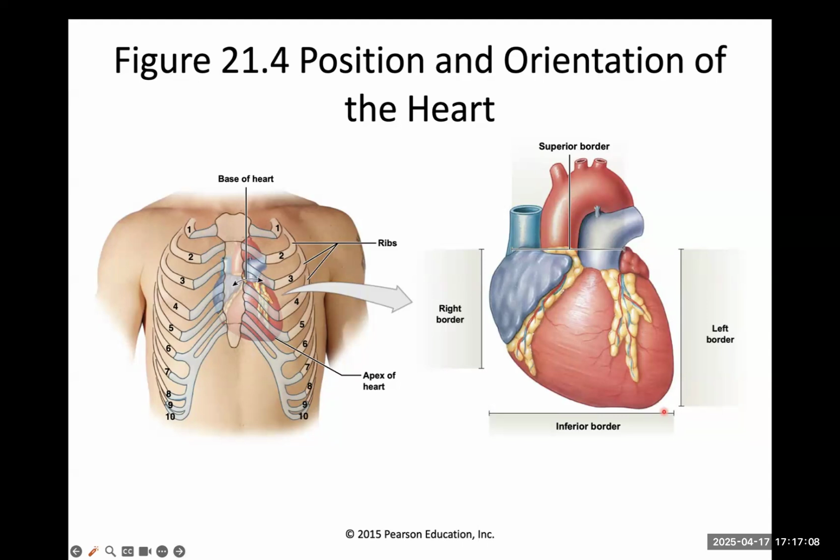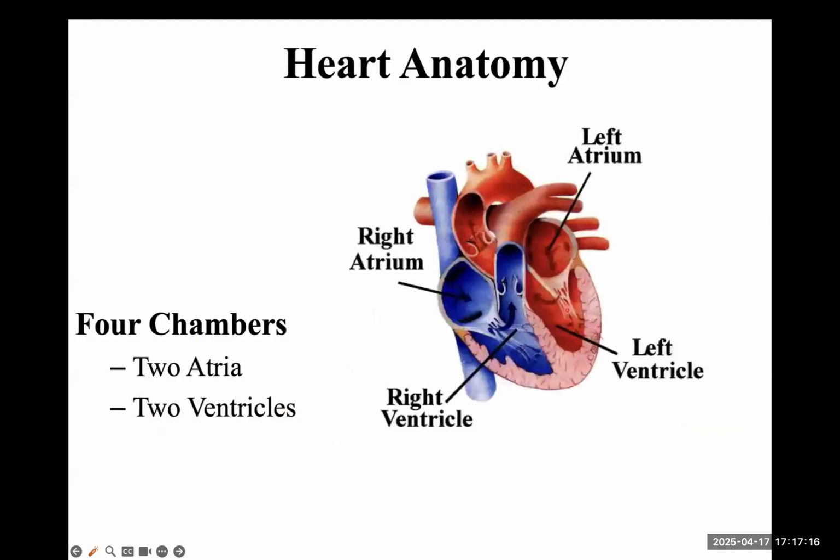So try to put the heart in the correct anatomical position, and then name all the parts. Now, if you cut into the heart, you'll notice there are 4 chambers, 4 spaces, and those chambers are the atria and the ventricles. You have 2 atria, singular atrium, and plural atria, and then you have two ventricles.